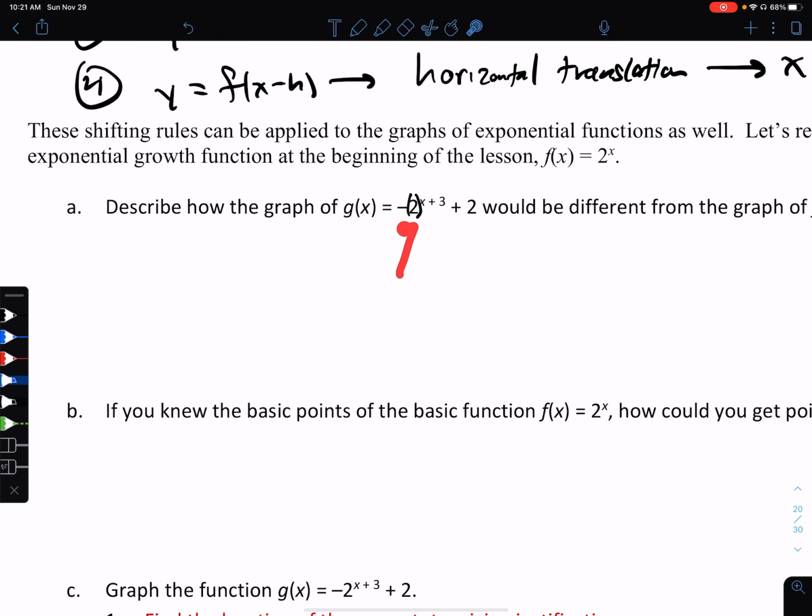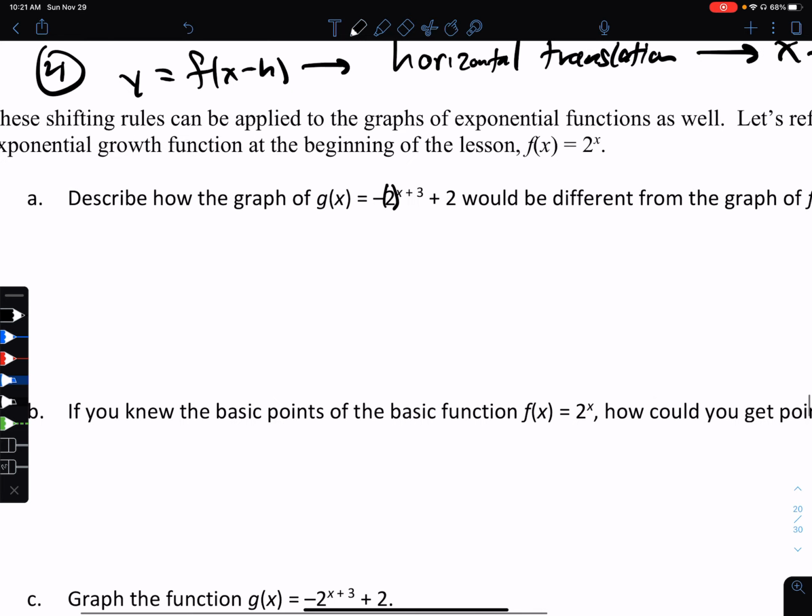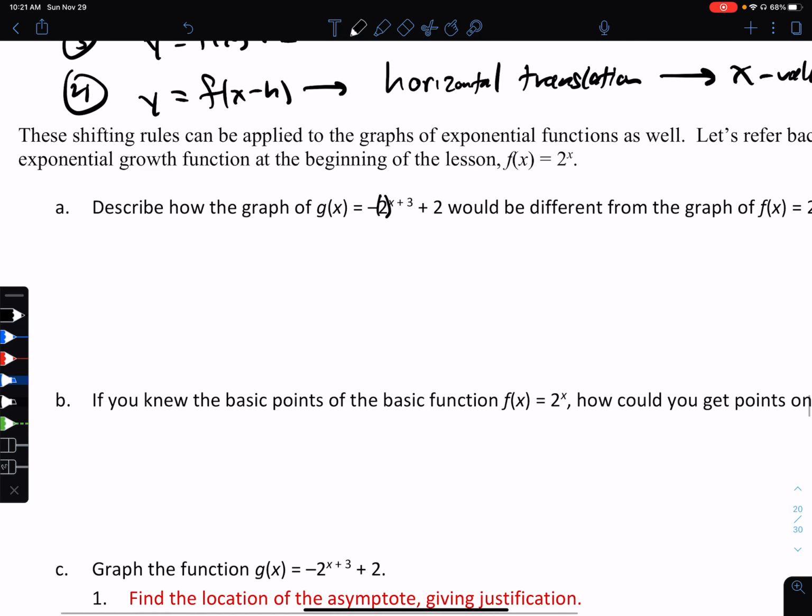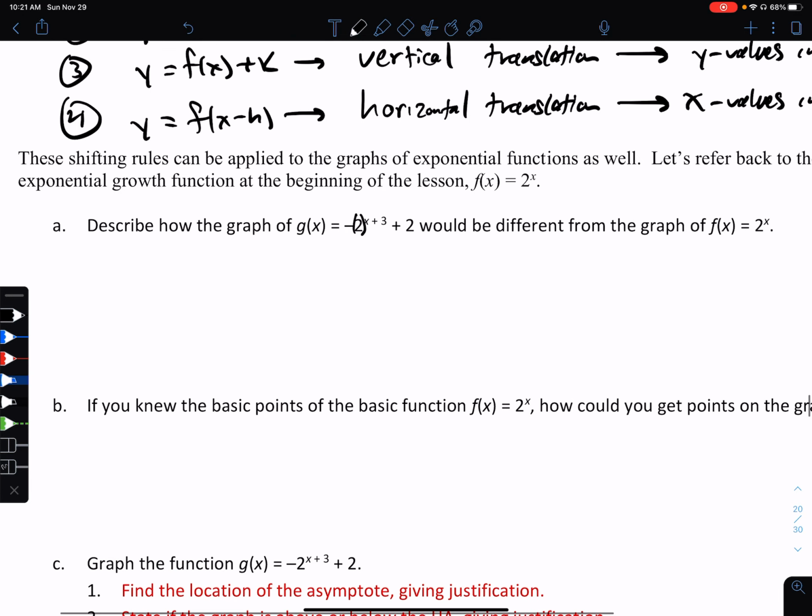We want our base to be bigger than 1. Check. We want the coefficient of x to be 1. Also check. So how is this going to differ from the parent? Well, this negative is going to cause a vertical reflection. That's because a is less than 0.